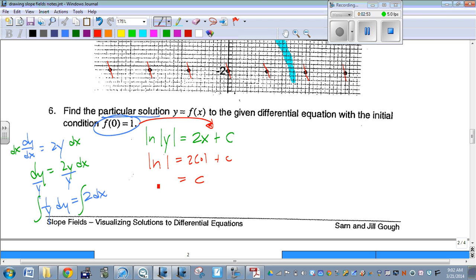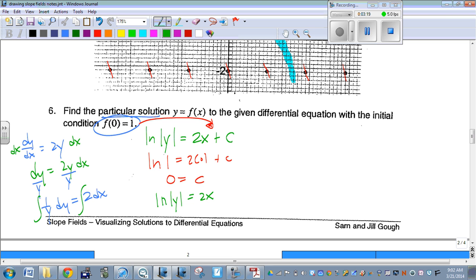What's the natural log of 1? E to what power gives us 1? 0. Natural log of 1 is just 0. So c just comes out to be 0. So we end up with natural log of absolute value of y equals just 2x, because c came out to be 0 in this case.